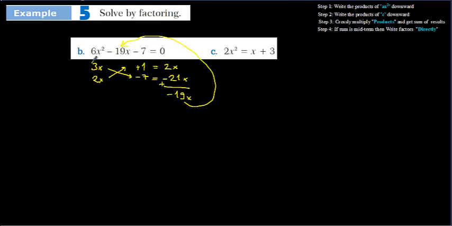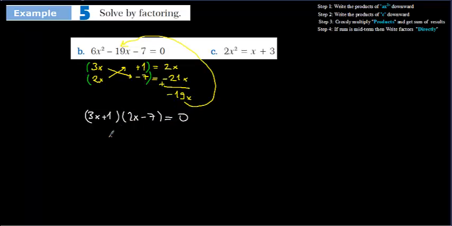So this factorization is true. Directly I took the factors, and it's going to be 3x plus 1 times 2x minus 7 is equal to 0.